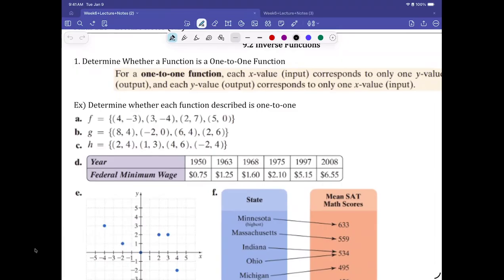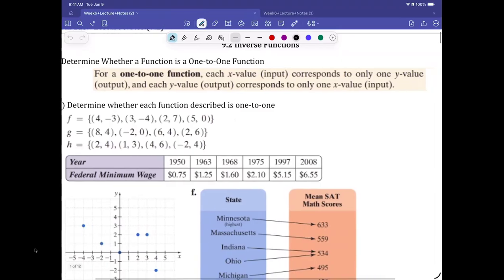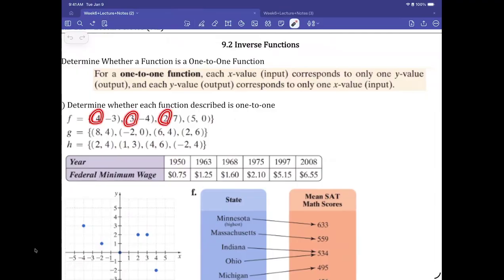So I'm going to repeat one more time. These are the x values, right? Each corresponds to only one y value, so there will be no two y values. And each y value corresponds to only one x value.